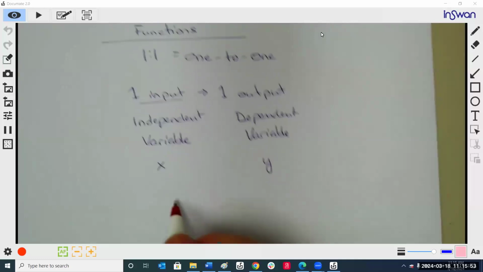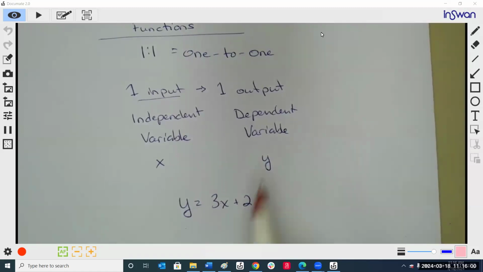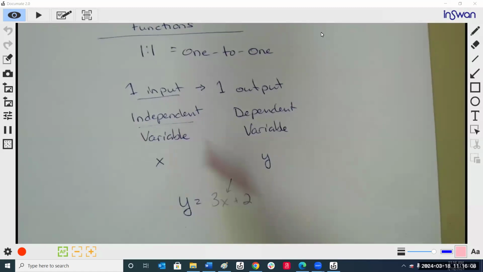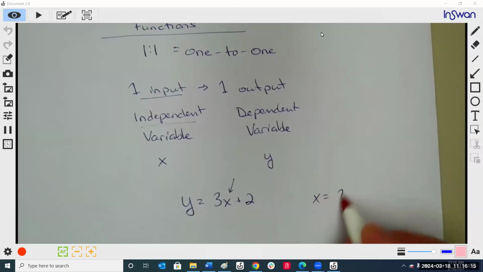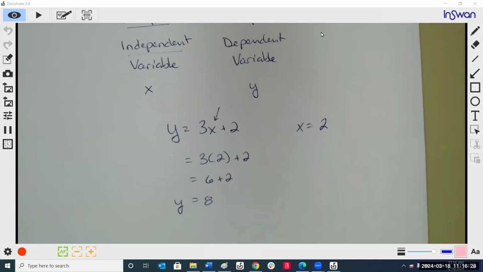If you think about it, you can't tell me what y equals until you define x. X can be anything you want it to be, hence independent. That's the input. You plug it in there, let's say x equals 2, we defined it, and we have a value for y. That's our output.